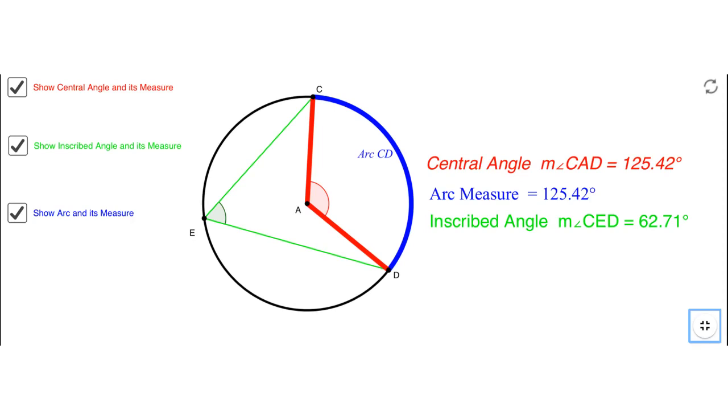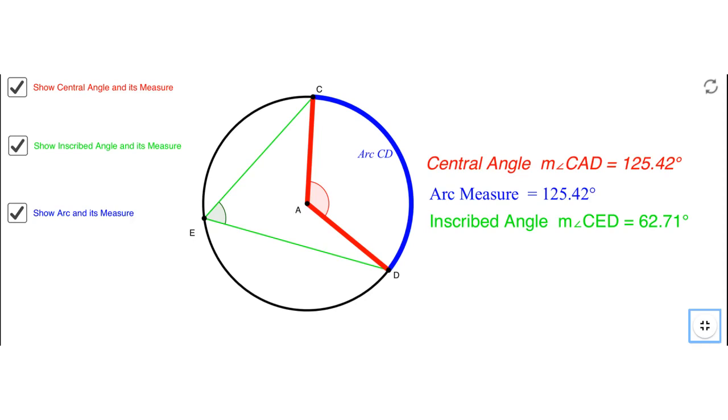Do not overthink this. All right, now something else we're going to talk about. This arc from C to D is known as a minor arc, because it's less than 180 degrees. Anything less than 180 degrees is a minor arc.